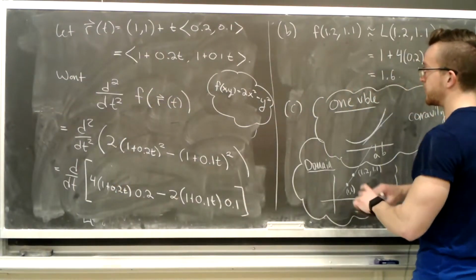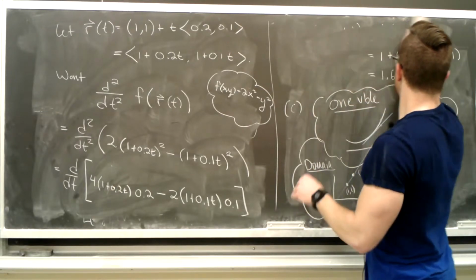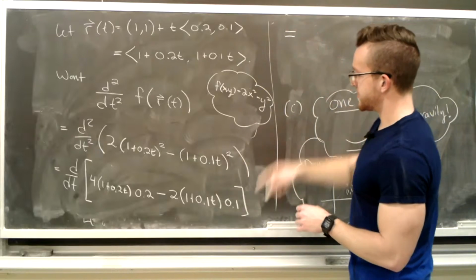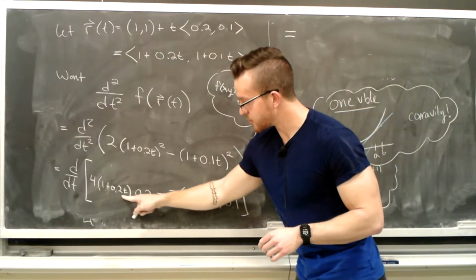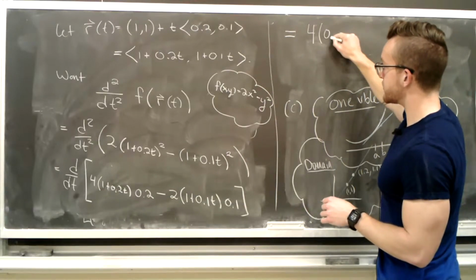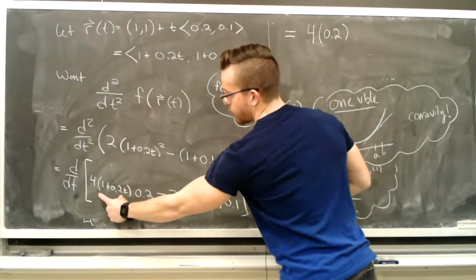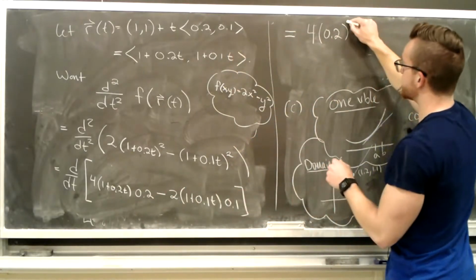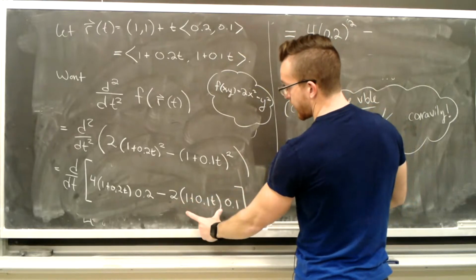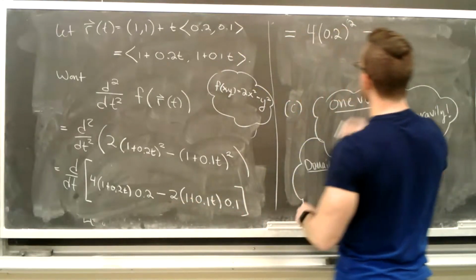Take another derivative and then we'll be done. So then the derivative of this, I'm just going to pick up a factor of 0.2 here. So this will be 4 times 0.2 times 0.2, which is 0.2 squared, minus 2 times 0.1 squared.